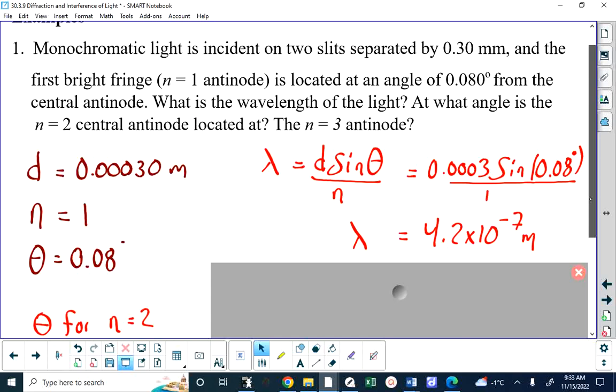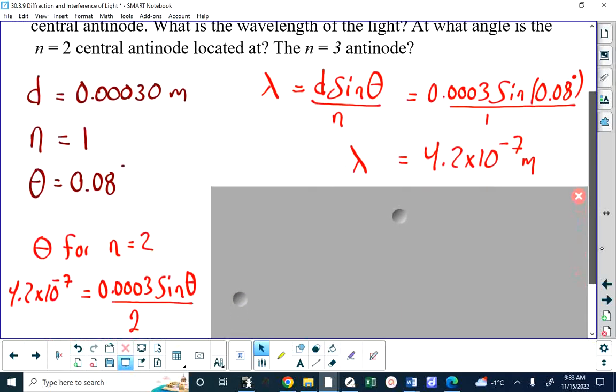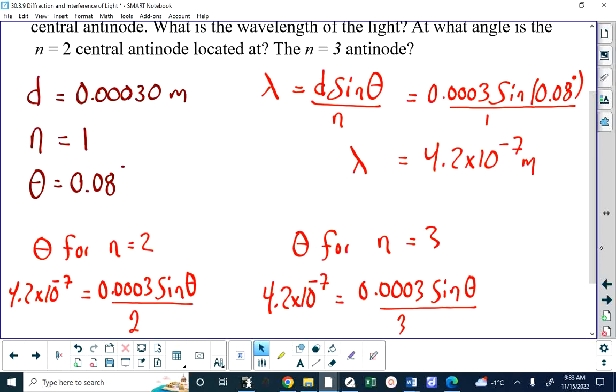You're then asked at what angle would we see the n equals 2 at? Well, for the n equals 2, you would just use your formula lambda equals d sine theta over n, but you would put in the wavelength you found along with d, but you would use n equals 2. You cross multiply there, you're going to take the 4.2 times 10 to the negative 7.